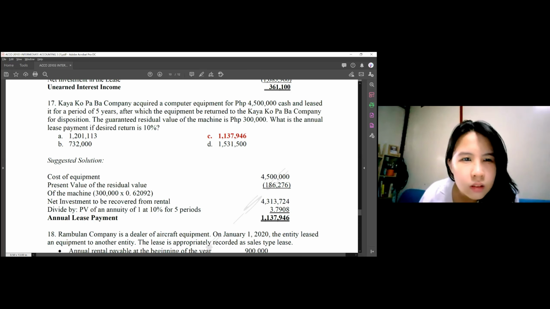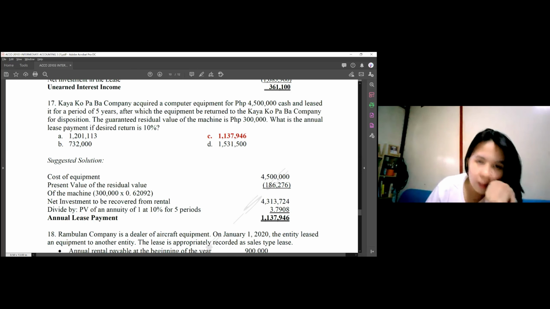And note that hindi niya nabanggit if ordinary annuity or annuity due, but based on experience, if the problem is silent, consider it as an ordinary annuity.